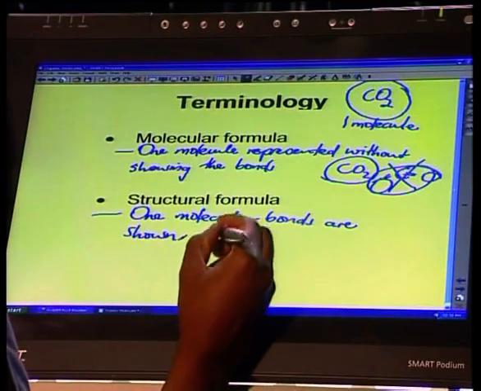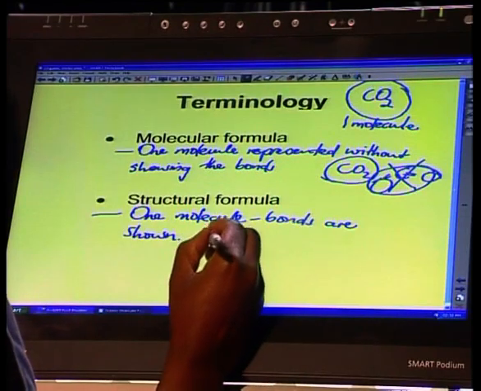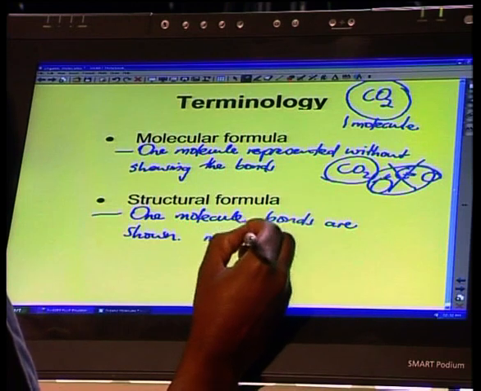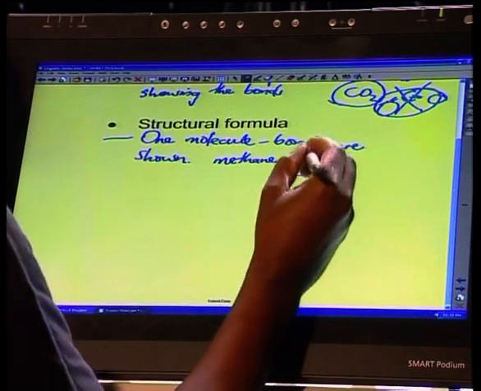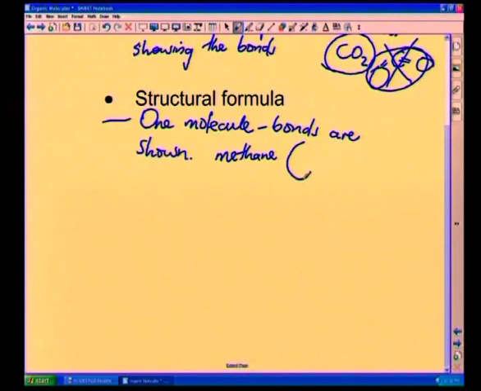For example, we can look at methane. We'll come back to it, of course, even later on. Methane is the very first, or the simplest, organic molecule in the alkanes homologous series. It is CH4.